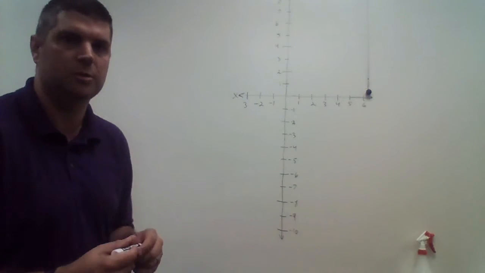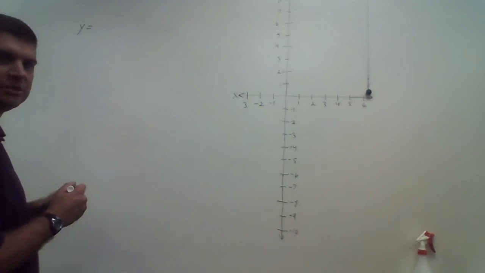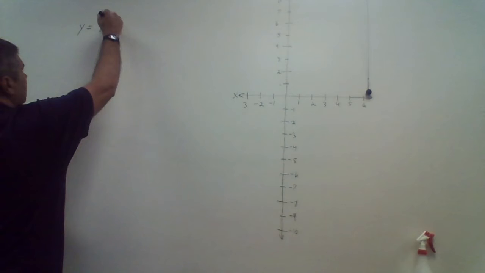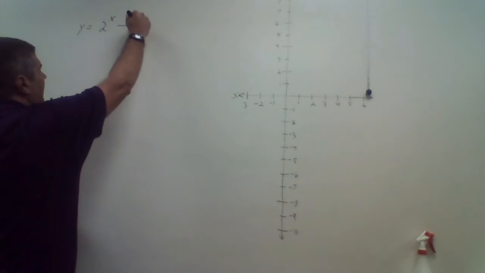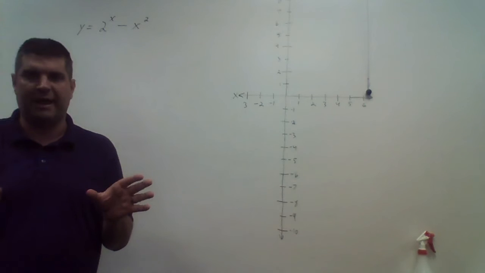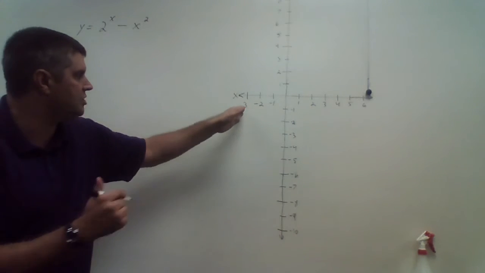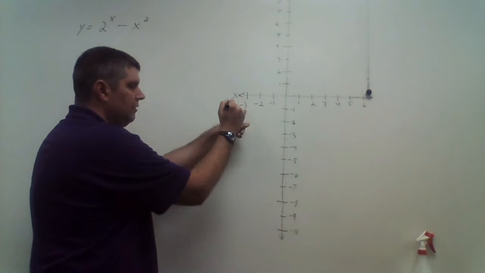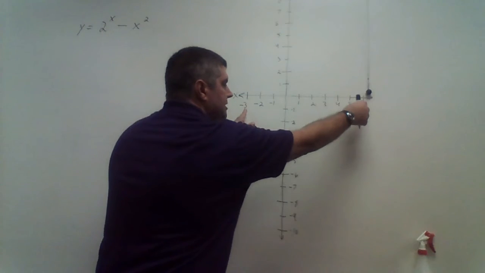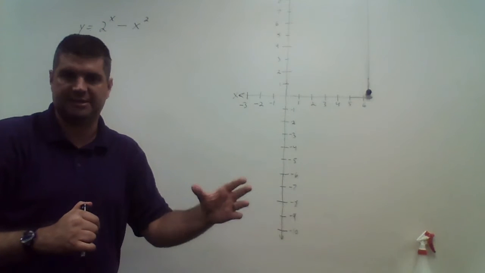So here goes. I got y equals. It doesn't matter what the y equals is, but I'm going to use y equals 2 to the x power minus x squared. If you don't know anything else about how to graph, all you need to do is start with the lowest integer value on the x-axis and do each one until you reach the last integer value on the x-axis.